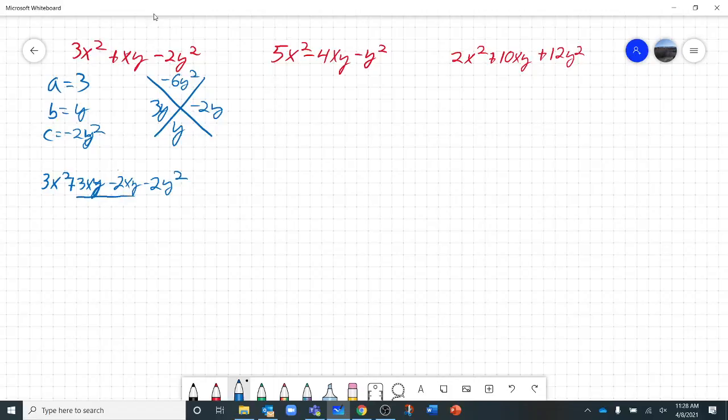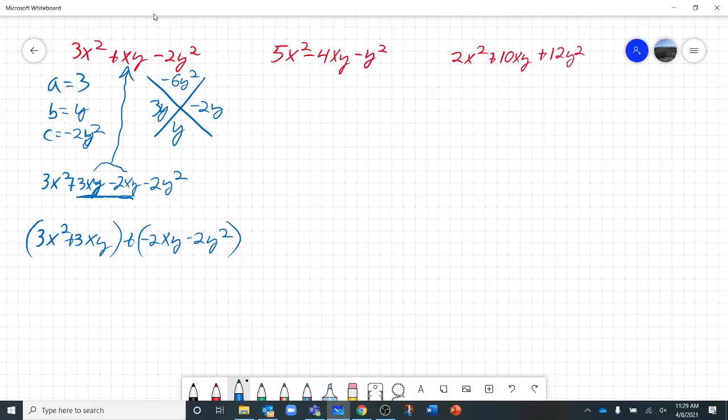These two terms, if we add them together, give the original middle term. We're rewriting the equation. It's still completely equal to the other one, but we're rewriting it with the 3xy and the negative 2xy so that we can factor some things out. I'm going to rewrite this one more time: 3x squared plus 3xy plus negative 2xy minus 2y squared.